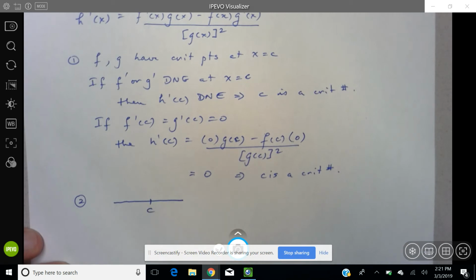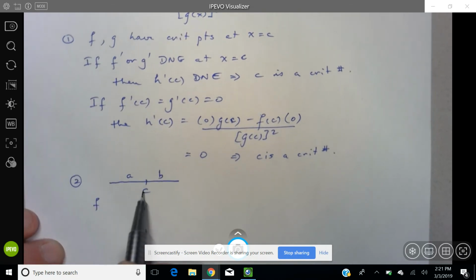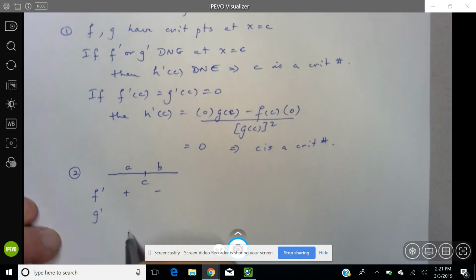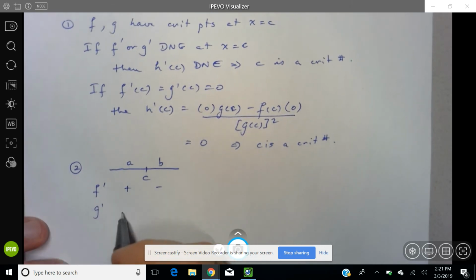So there's my critical number, and I'm going to pick some number to the left of C, which I'll call A, and some number to the right of C, which I'll call B, and I'll make a little chart with F and G. So F has a local max at C. So it means F prime has to go from positive to negative as I move from one side of C to the other. And G has a local min, meaning G prime has to go from negative to positive.